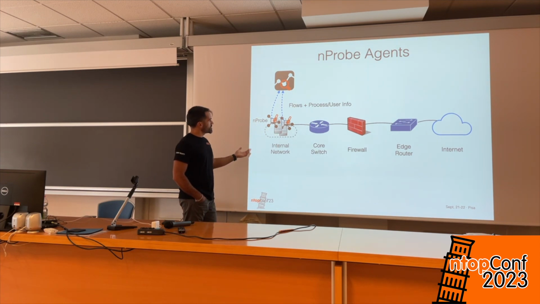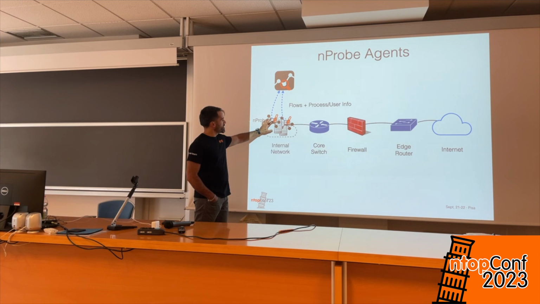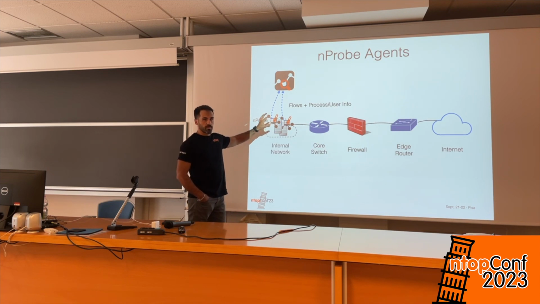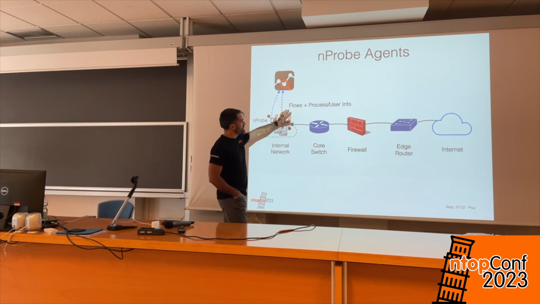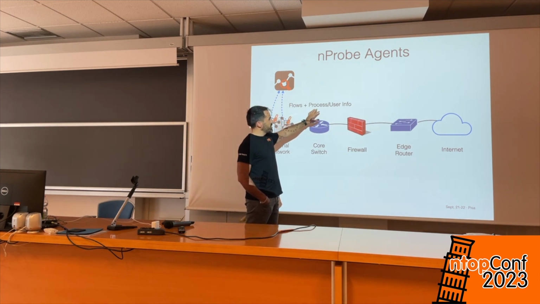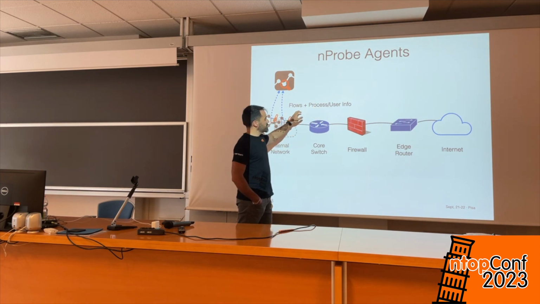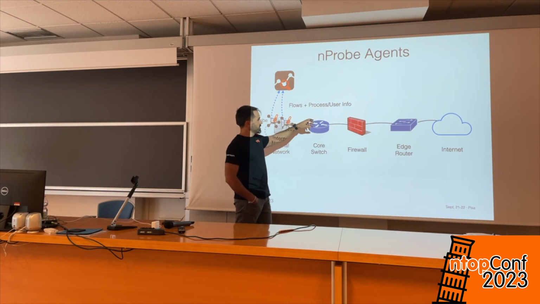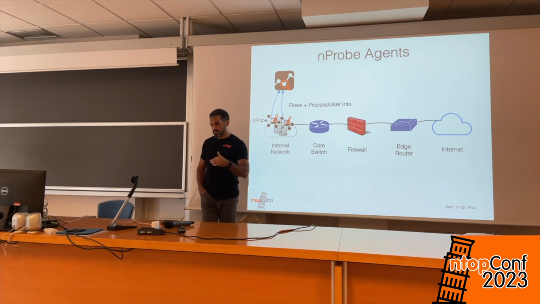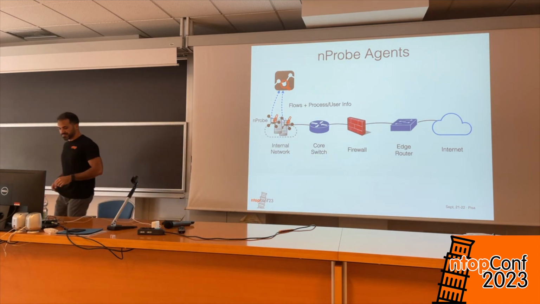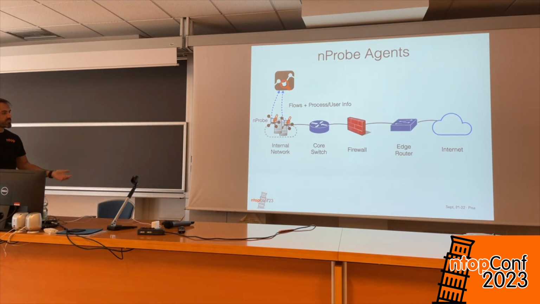But the advantage is that here we have visibility also on the processes running on the hosts. So we can export not just the network communications and metadata, but also other information like the process which is generating a specific network communication, and the user that is running this process, which is really useful when analyzing a security threat, for instance.